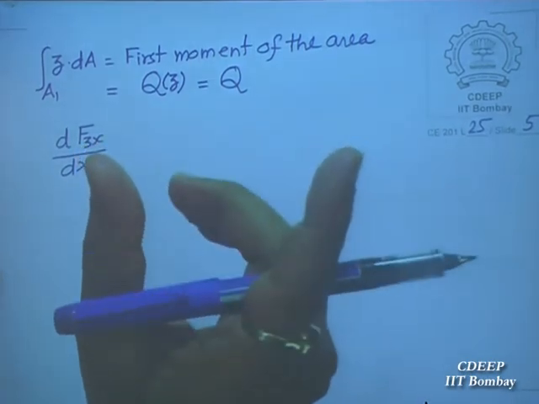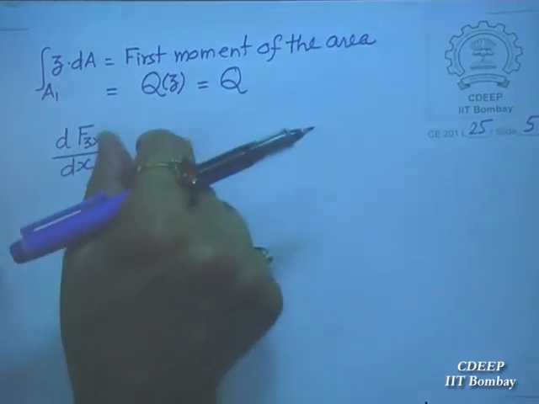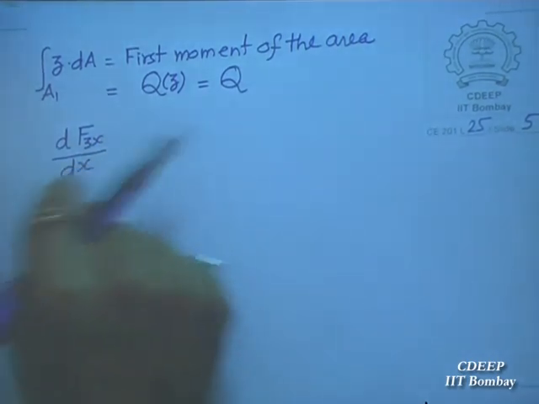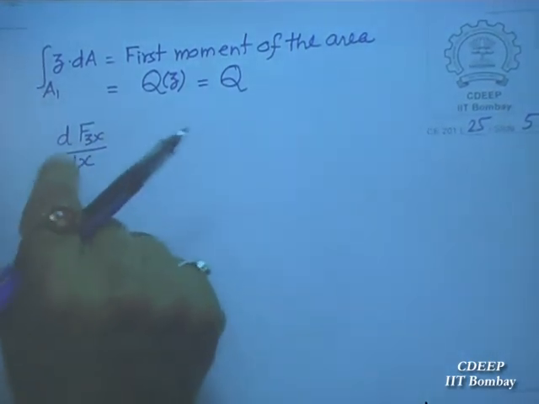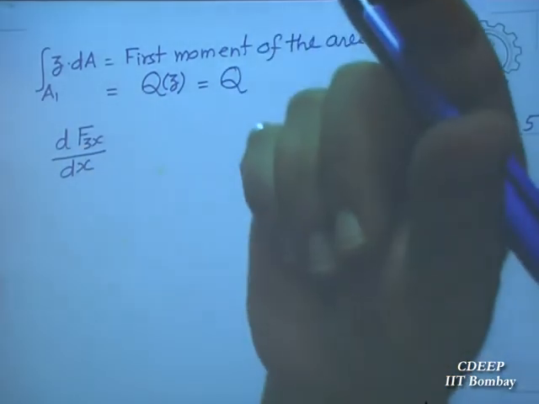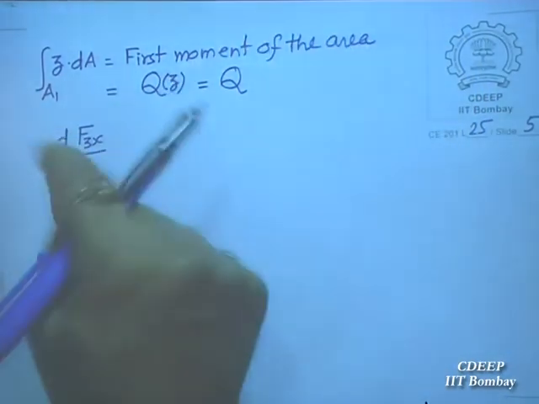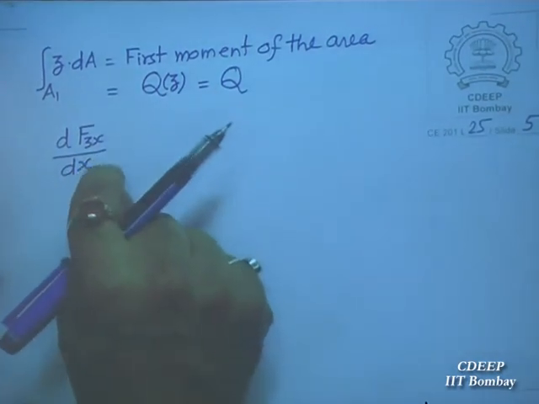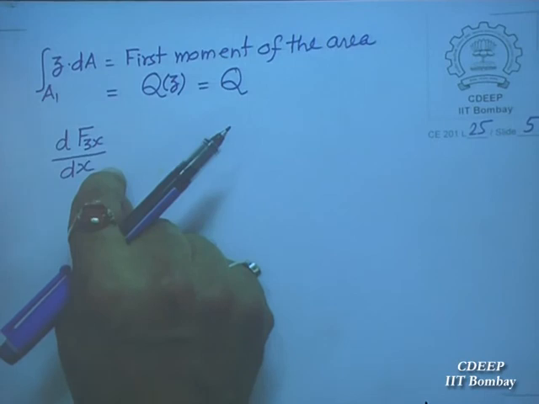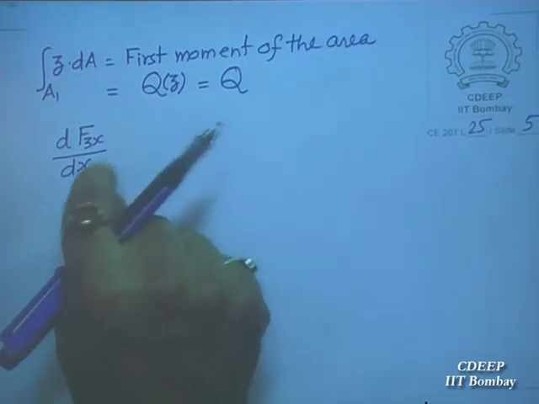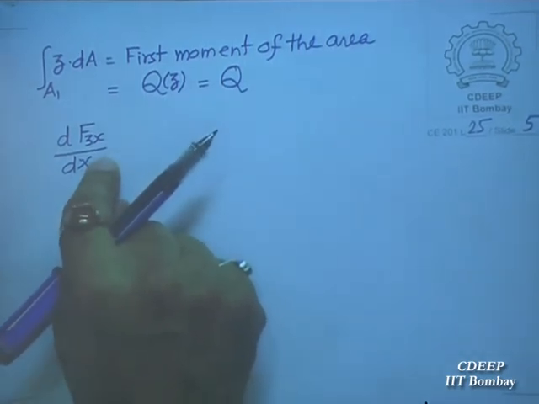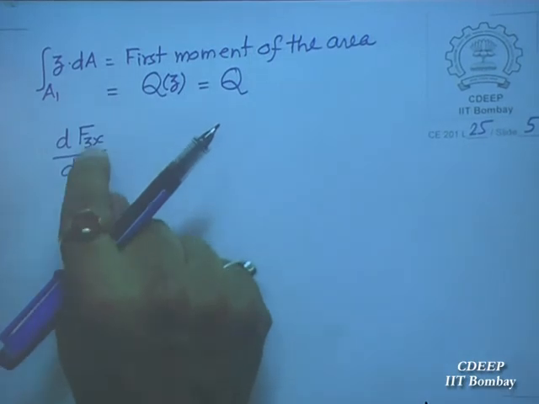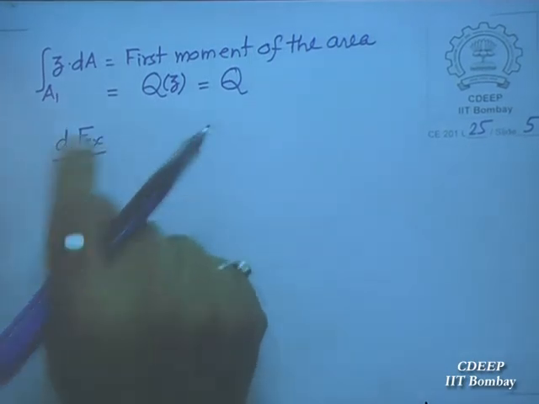So it is force per unit length. You have longitudinal x, force, and width is still included. Dividing this by dx and multiplying by width would give shear stress. So it is not shear stress, it is force per unit length.